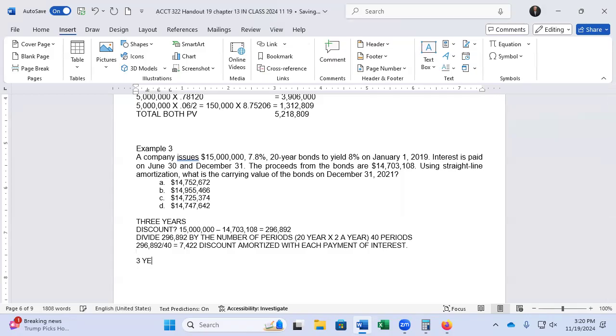So we had 3 years times 2 times a year. And so that's 6 periods. And so we're going to multiply 6 times 7,422. And I get 44,532, which we add to 14,703,108.